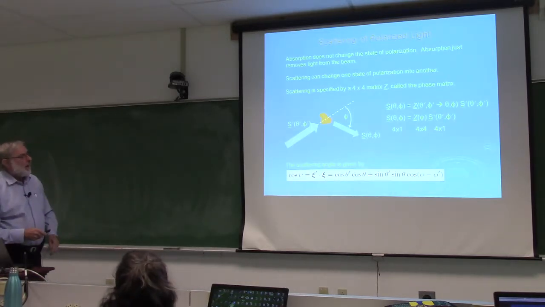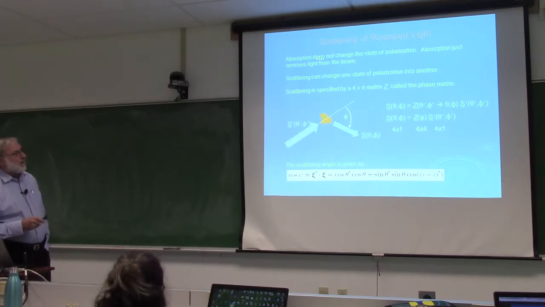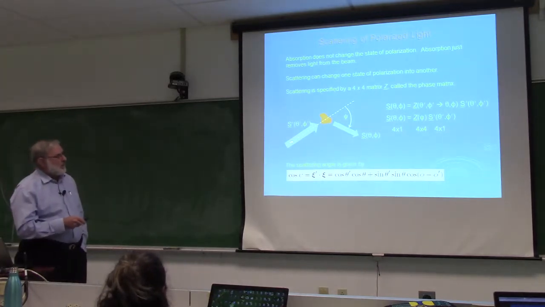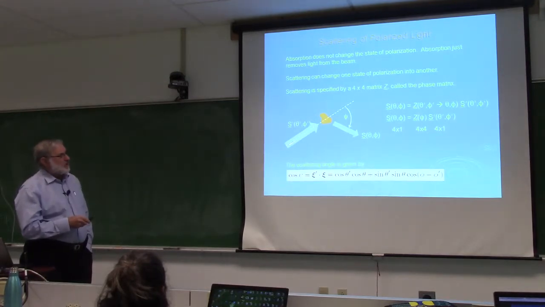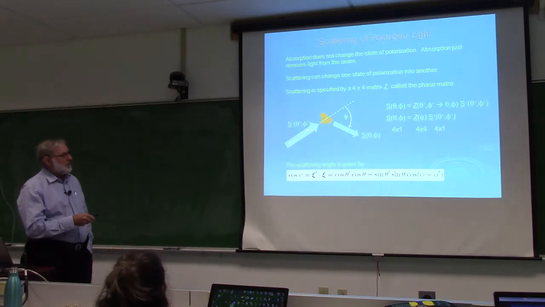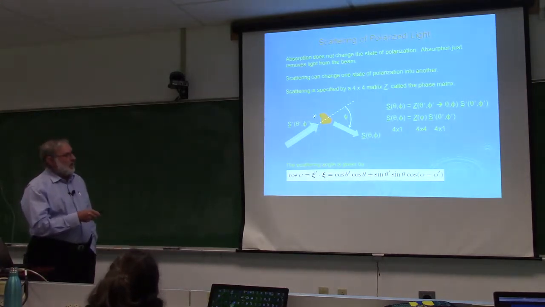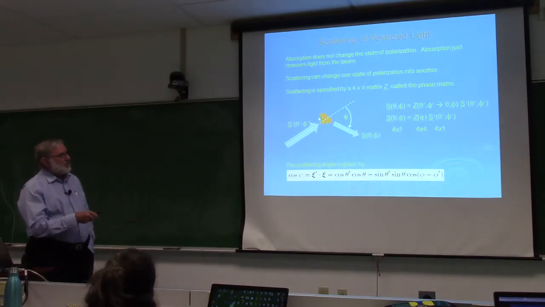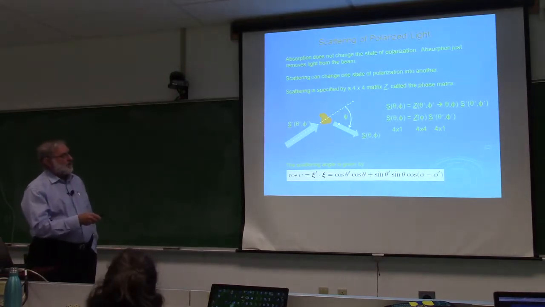Okay. When we are going to treat scattering of polarized light, we'll have the incident Stokes vector here, which might be polarized, might be unpolarized, but just in general. The Stokes vector comes in, interacts with a particle, and gets scattered off in some other direction through a scattering angle psi.